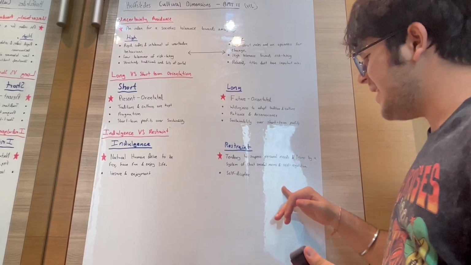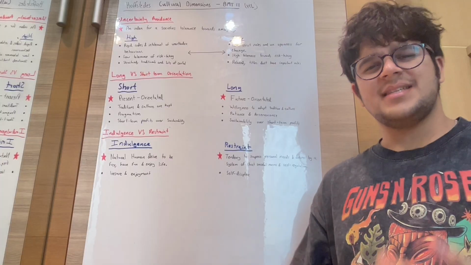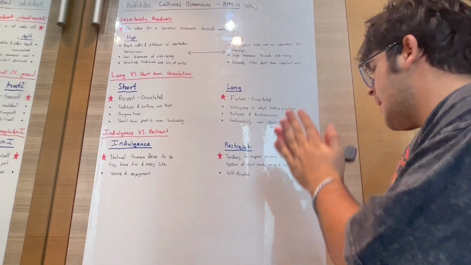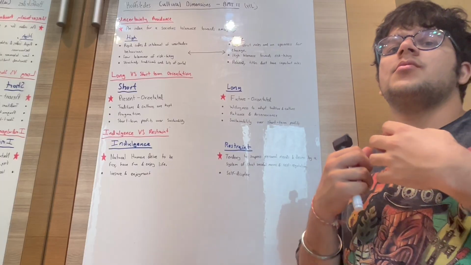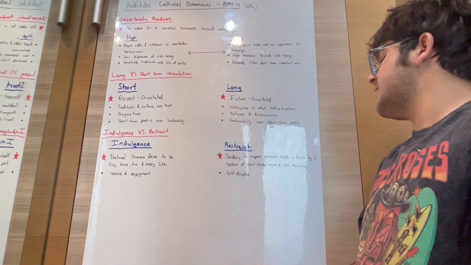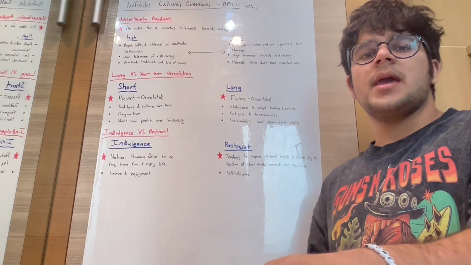However, a restraint culture is this tendency for a society to suppress people's personal needs, their personal desires, in order to abide by a system of strict societal norms and self-regulation, okay?